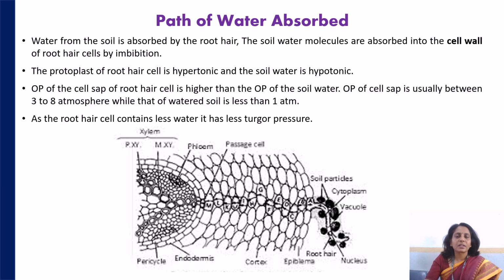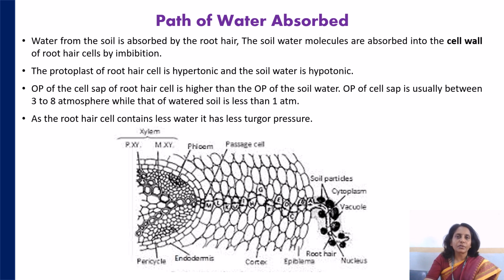Let us now see what happens when the soil water comes in contact with the root. The soil water is absorbed into the cell wall of the root hairs by the process of imbibition.